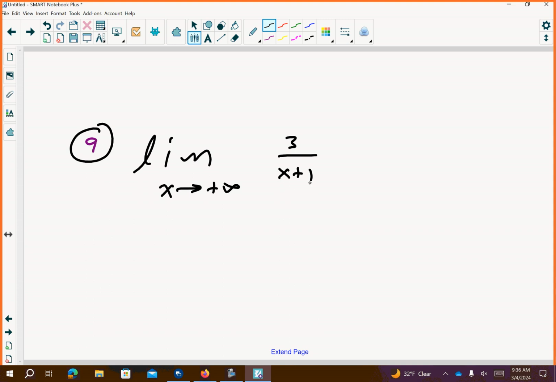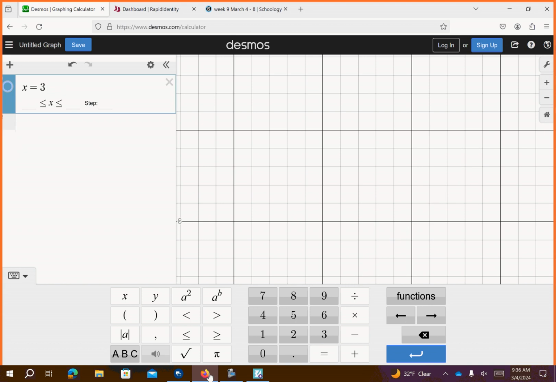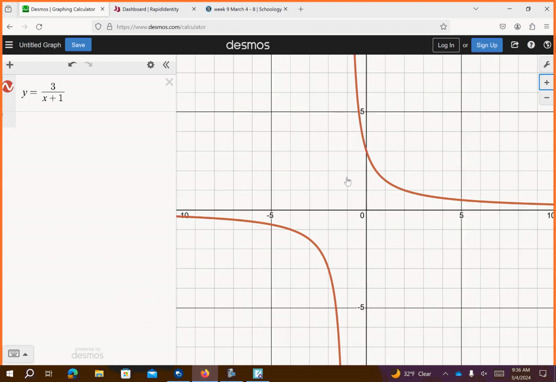Let's look at Desmos and see if it could be more helpful. If I get rid of those, let's go y equals 3 over x plus 1. I can't see my graph, so let's go home.